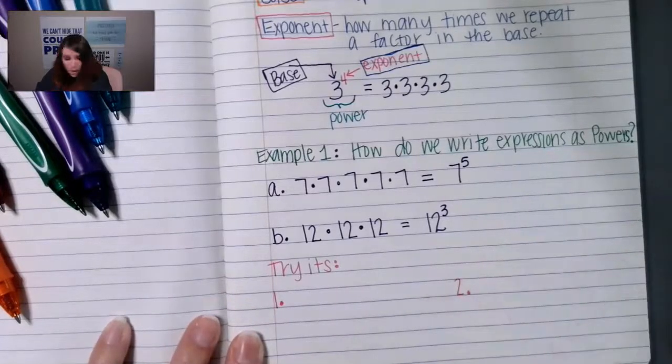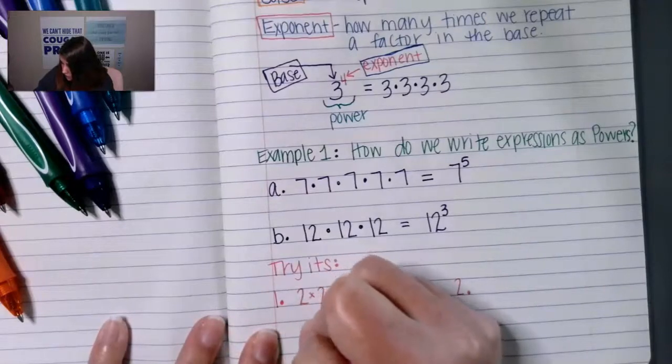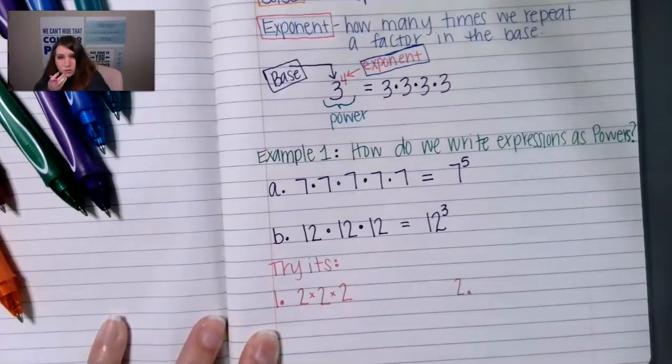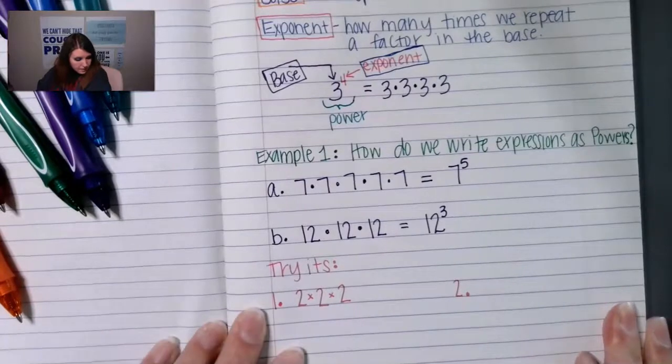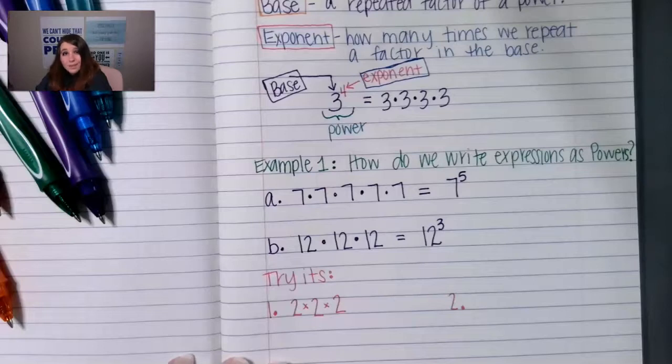Try it number 1 says 2 times 2, and they use these multiplication signs, the X, even though I told you we weren't going to use the X. I'm still putting it in there just so you can see it, because that's how they did it in the book. Make this into a power. If you need to pause the video to do this, please do, so that way you don't get the answer.